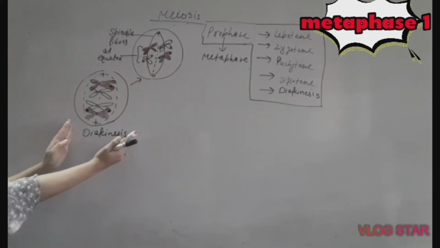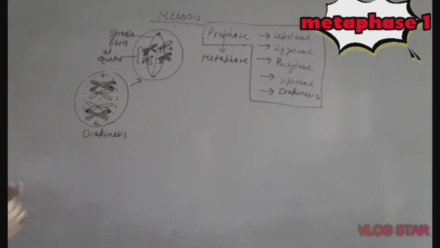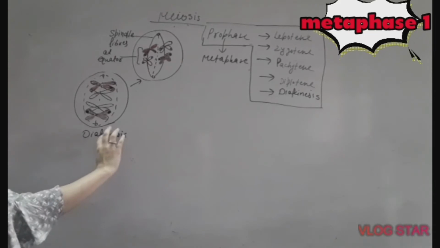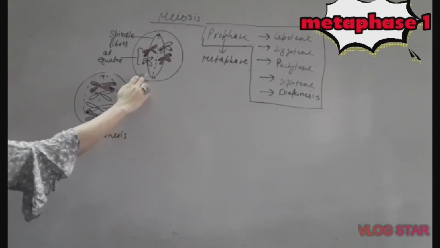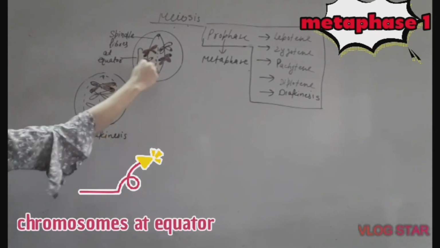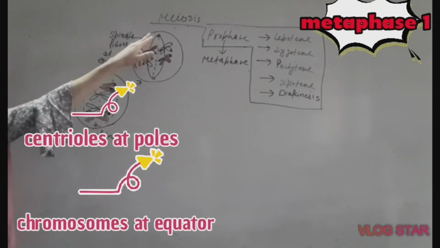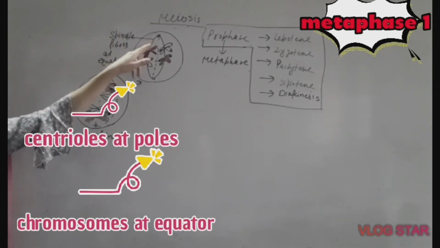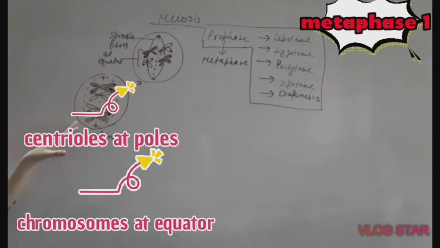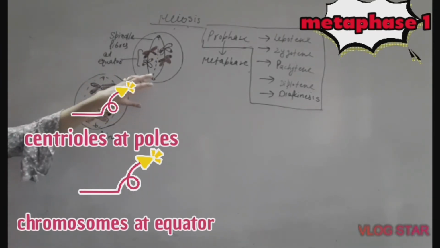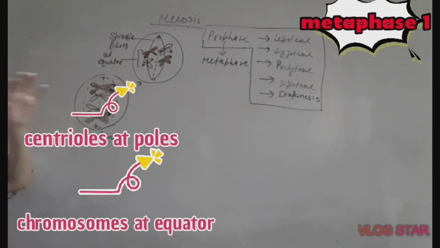The previous phase was diakinesis, and you can see how the chromosomes are arranged in diakinesis. When the cell enters from diakinesis, the last phase of prophase, into metaphase, all the chromosomes arrange themselves at the equator of the cell. Also, the centrioles finally form the spindle fibers. Spindle fibers begin to appear in diakinesis, but they actually appear finally in the metaphase.